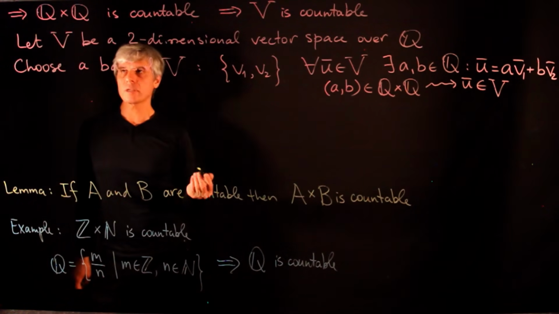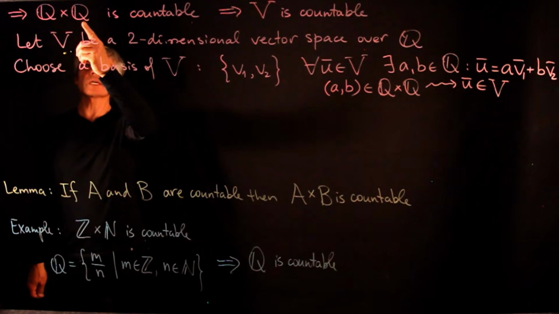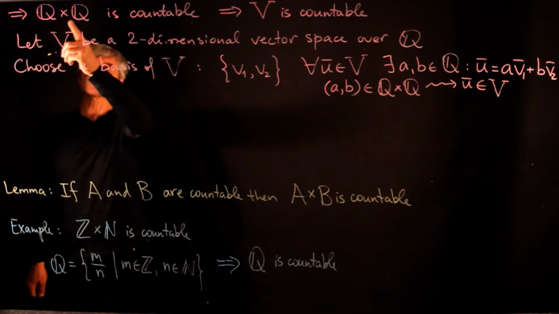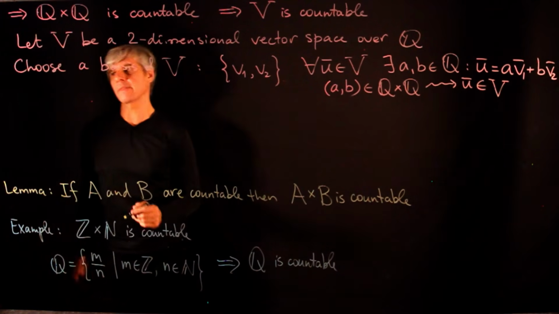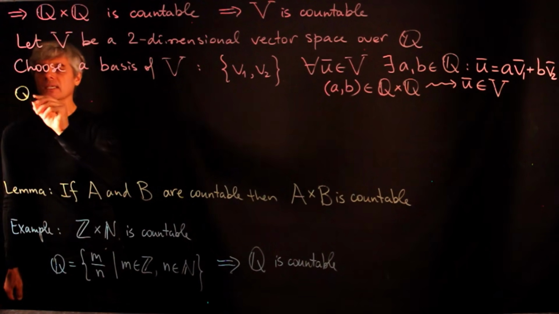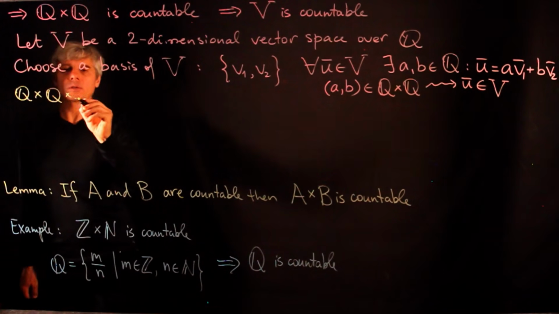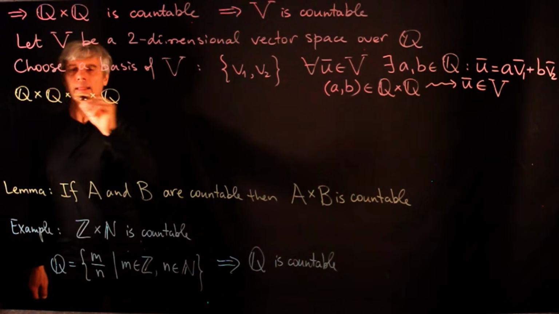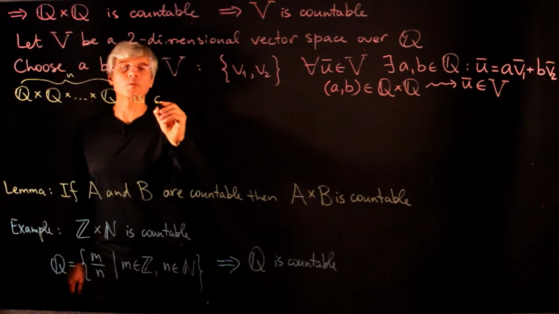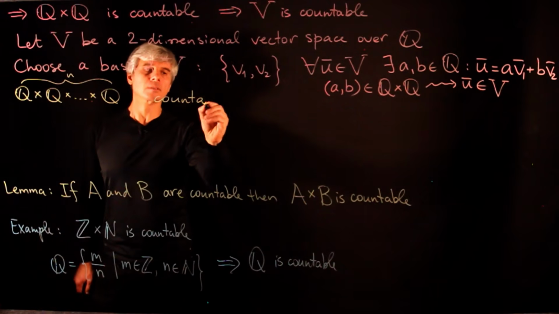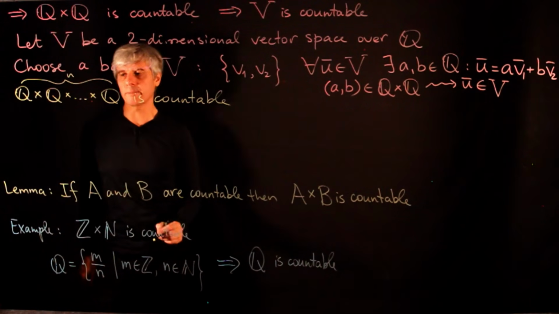Now we can generalize this. Since we know that Q cross Q is countable, then Q cross Q cross Q will also be countable if we apply this lemma again. And so this means that the set Q cross Q cross Q, n times, is countable, by repeated application of this lemma.